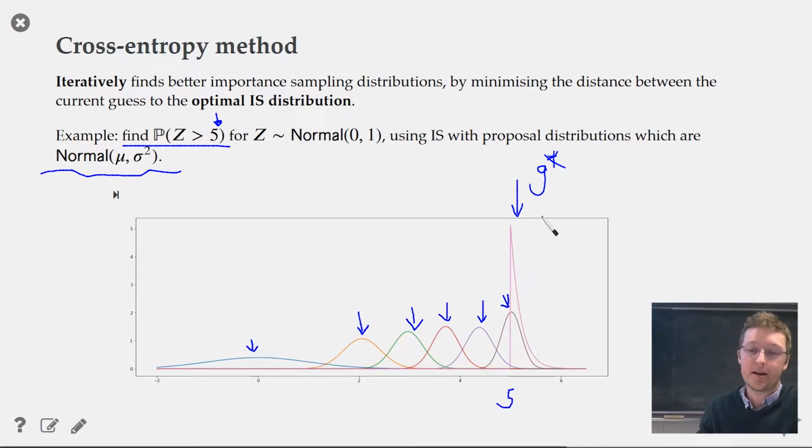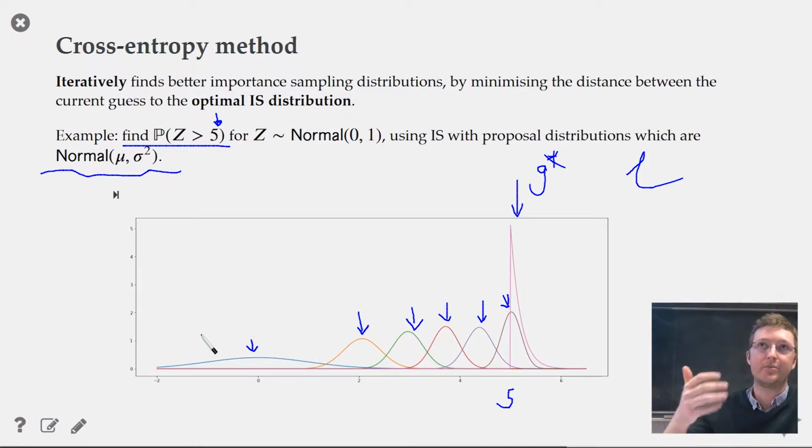That's what you would use if you already knew the thing that you were trying to estimate. But cross-entropy tries to push itself closer and closer to that, while staying within the restriction that it's only going to be normal distributions, or whatever family of distributions you've decided beforehand.